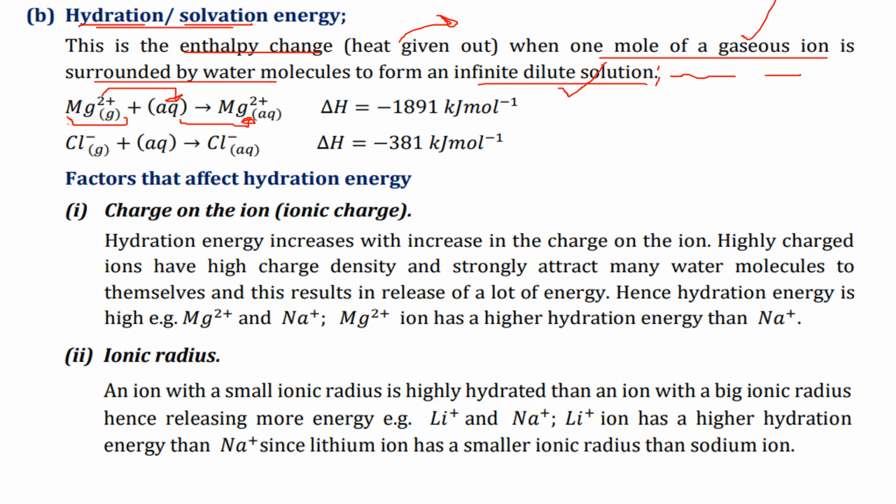By converting them to aqueous ions, we form an infinite dilute solution without changing pH, because both ions present are surrounded by sufficient water molecules to give the respective ions in aqueous solution, assumed to be at infinite dilution.